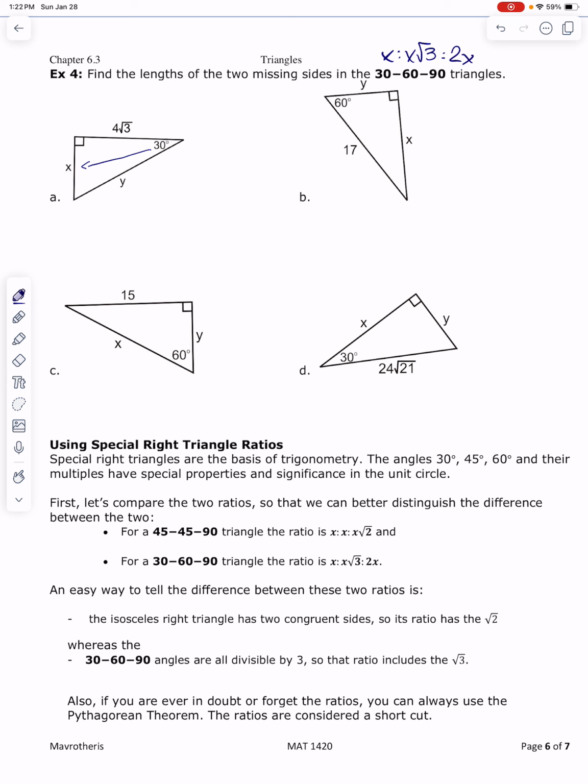I know that I multiply by square root of 3 to get from the short leg to the long leg, which means if I am going backwards, I got to divide by the square root of 3. So x is the length of my long leg divided by square root of 3. These cancel, and I get x equals 4.